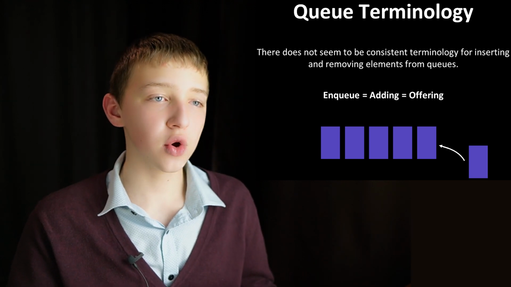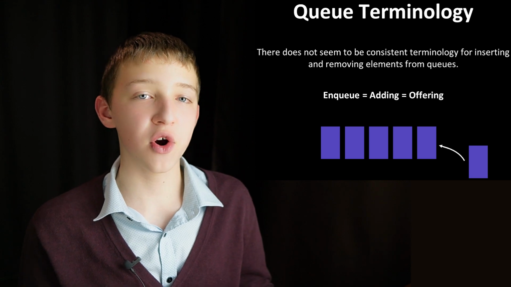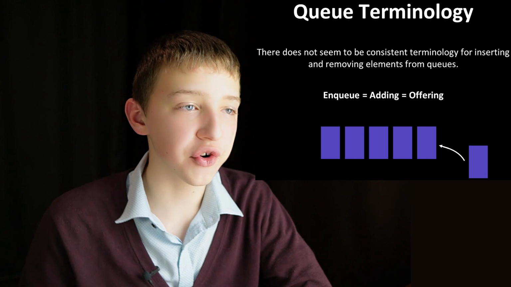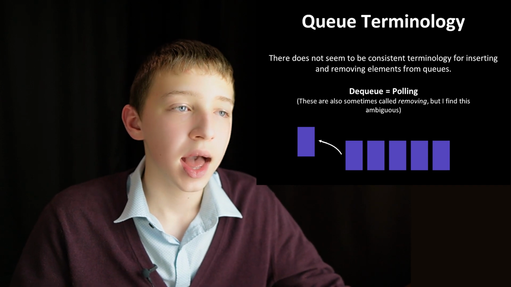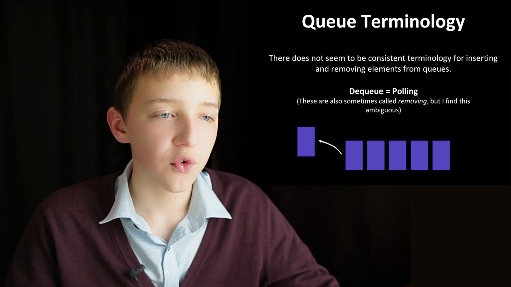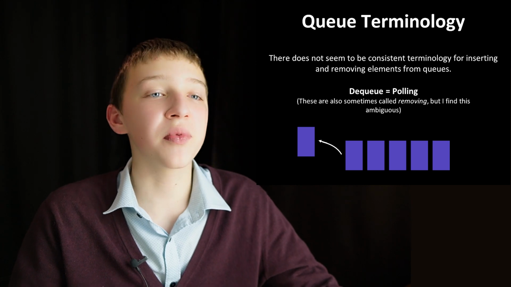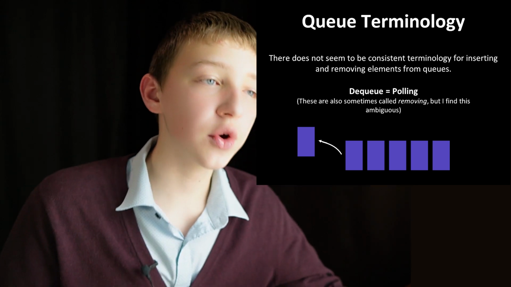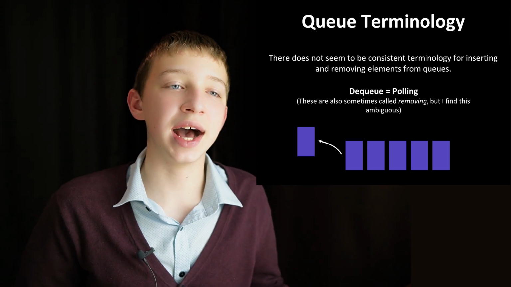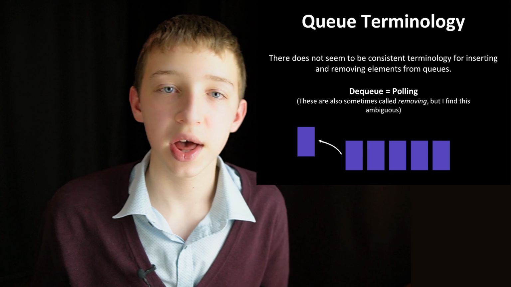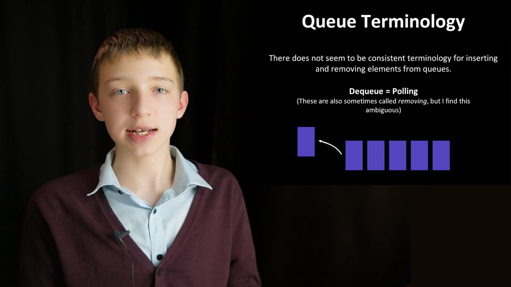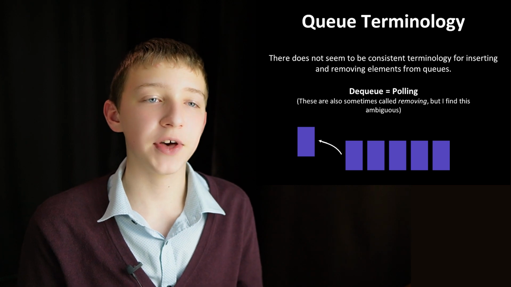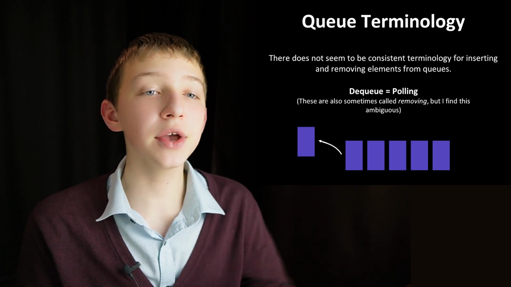Some people refer to enqueuing as adding or even offering elements to the queue. The same goes for dequeuing, or removing from the front of the queue. Dequeuing is sometimes called polling an element from a queue, and some people refer to it as removing, but that causes some ambiguity.